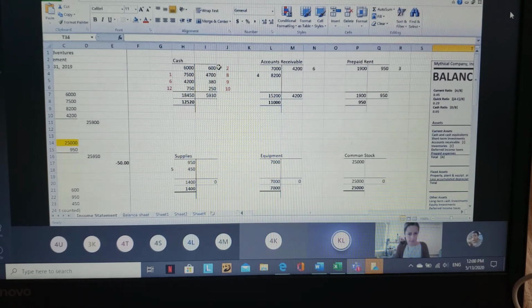And then after that, we paid the creditor 600. All the amounts on this side are the amounts we reduce the cash. And then this side, we increase the cash. From here is the transaction number. That's what I put in. And that's why I said to you, I got the total closing amount of cash, just this amount.